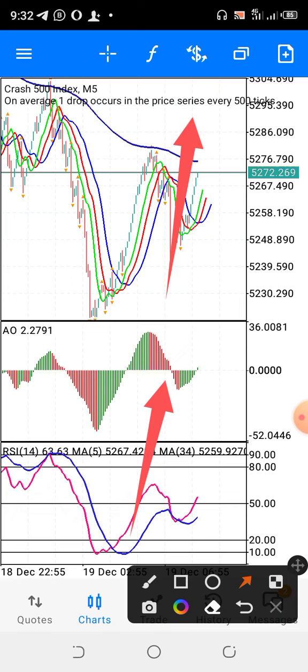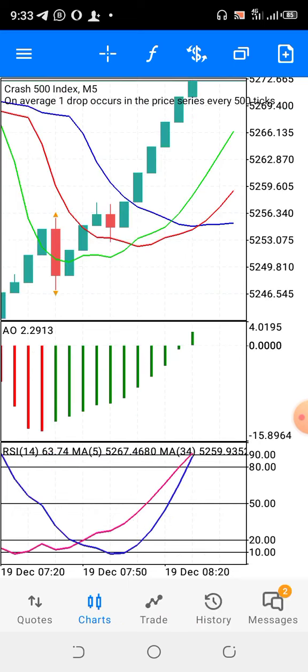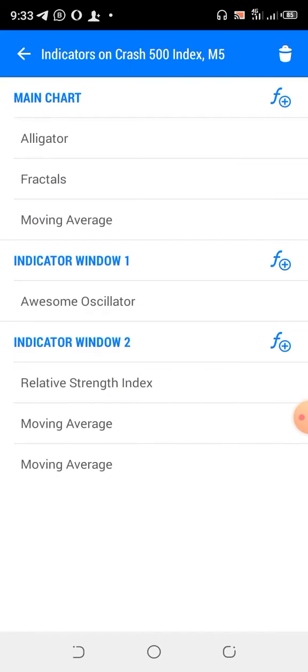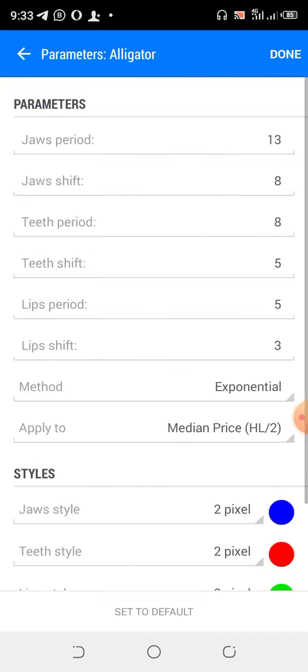Now, number one thing is, anytime you see we have red, we have blue, we have red, we have green on our main chart. So that green and red, anytime you see 3 of them cross together, let me add the strength of this so that you will see it clearly.